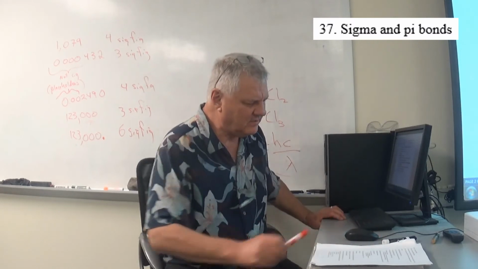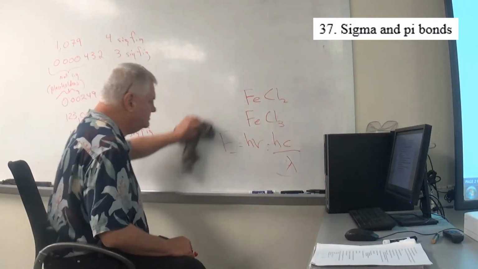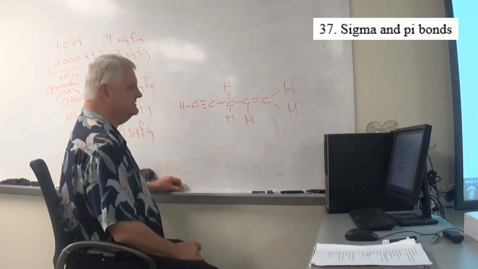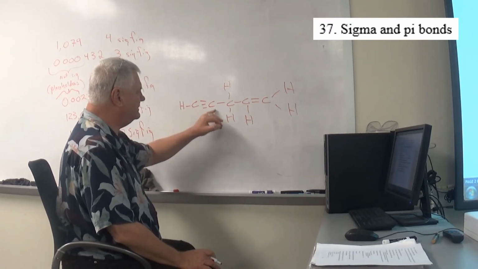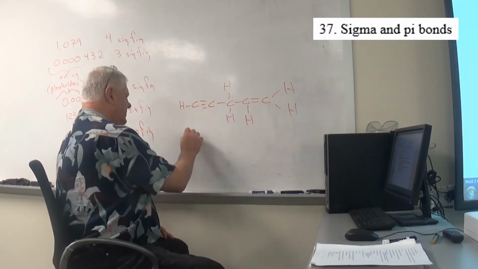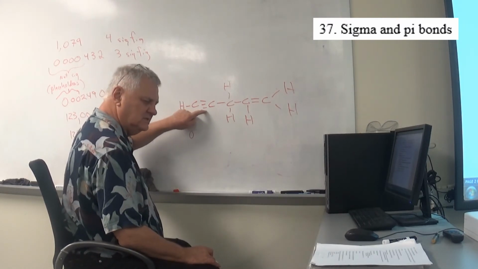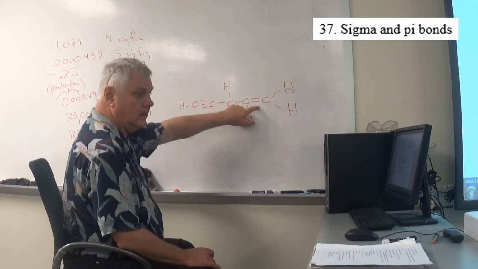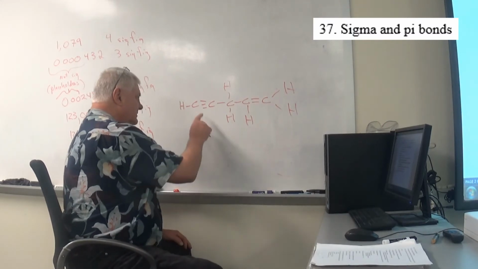If you have an entire molecule, and you're talking about sigma and pi bonds, okay, in this molecule it has a double bond, a triple bond, and the rest are all single bonds. Well, the number of sigma bonds, don't forget a triple bond has 1 sigma and 2 pi. A double bond has 1 sigma and 1 pi. So let's do the pi's first.